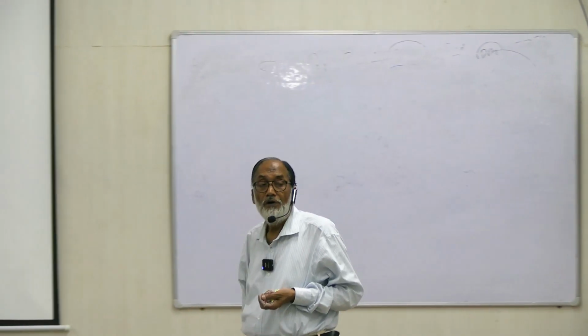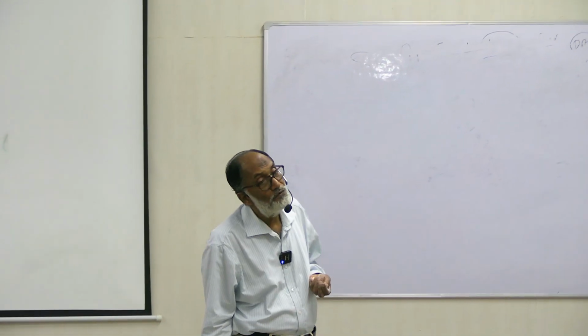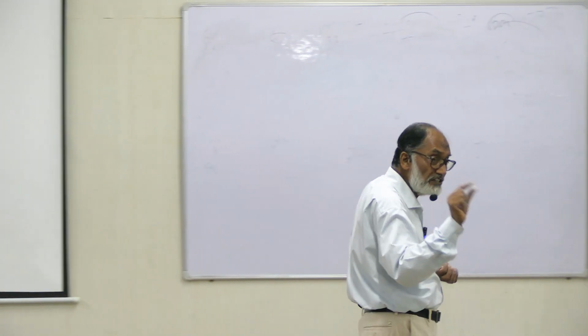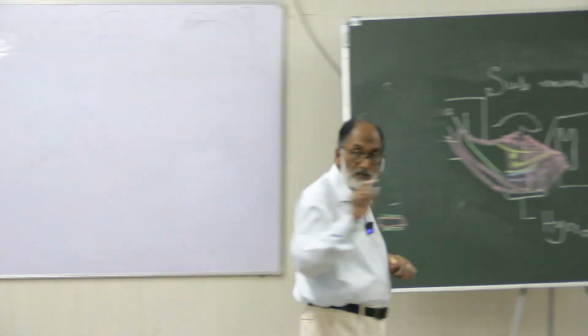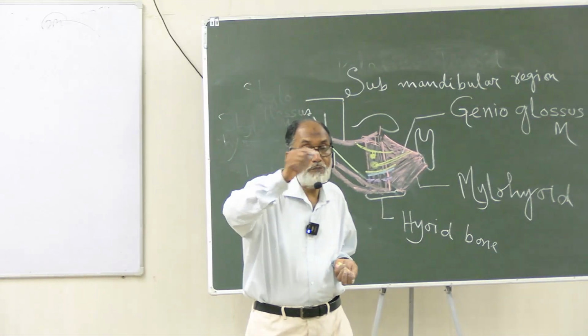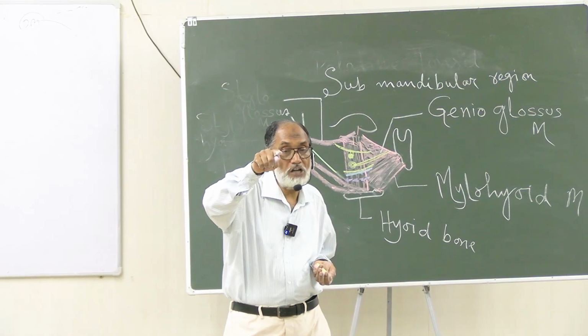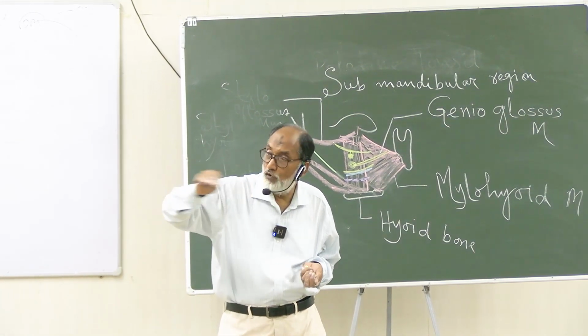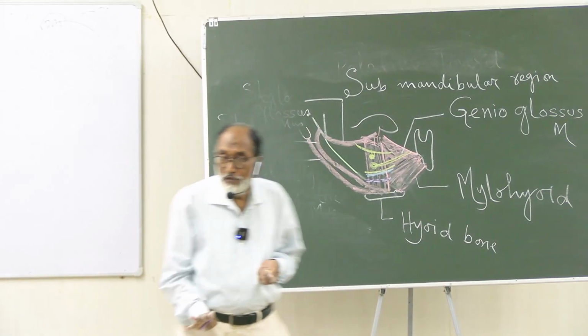The lingual artery is a branch of the external carotid artery. How will you identify this lingual artery? It will be accompanied by the hypoglossal nerve. Actually, it makes a loop, and this loop is crossed by the hypoglossal nerve.